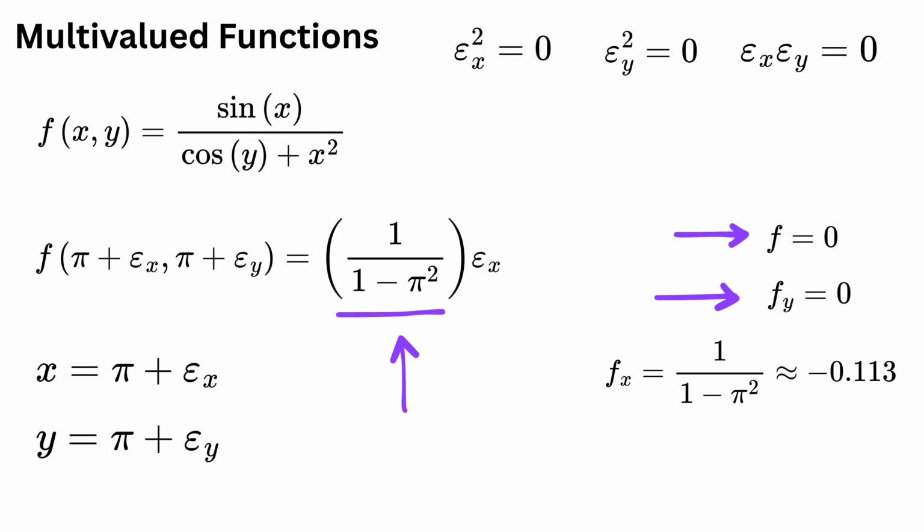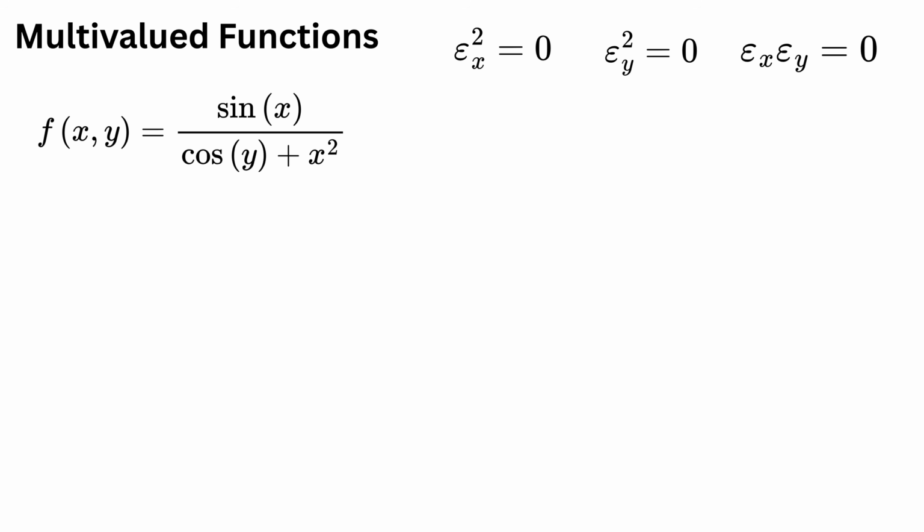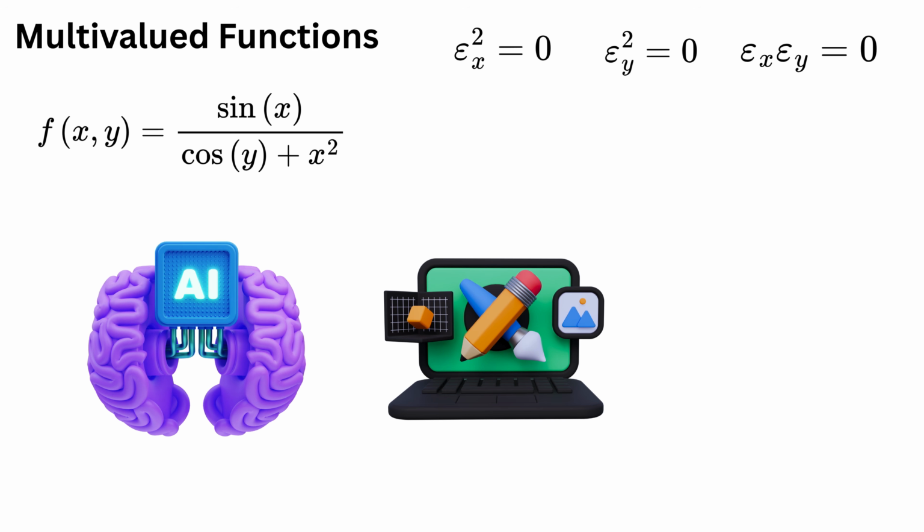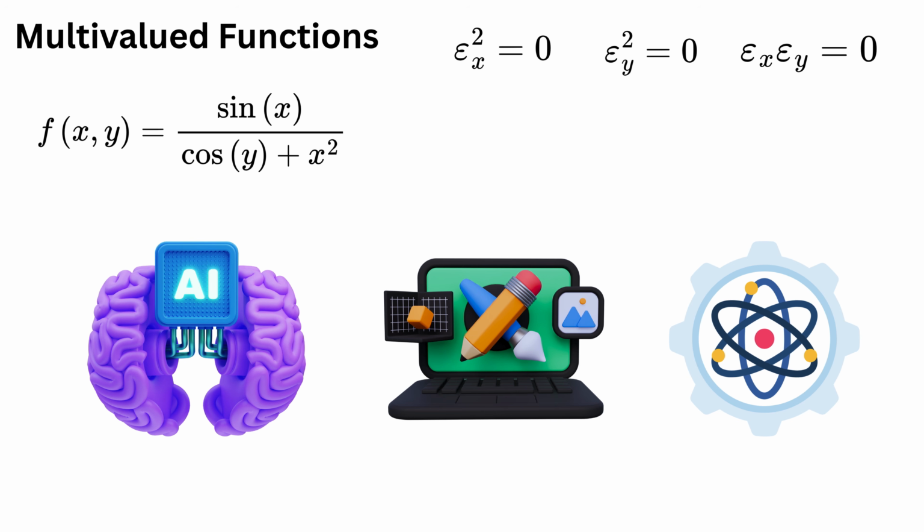This means, in just one calculation, we got the value of the function and both the partial derivatives at once, using the magic of dual numbers. This is why dual numbers are used in automatic differentiation in machine learning frameworks, 3D computer graphics, and physics engines. They're fast, clean, and shockingly elegant.